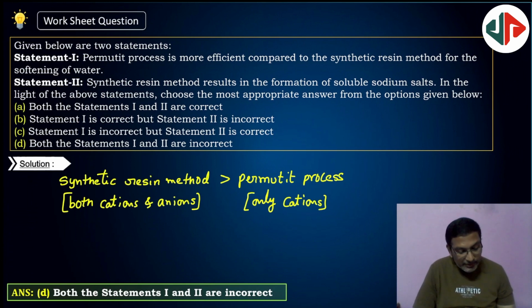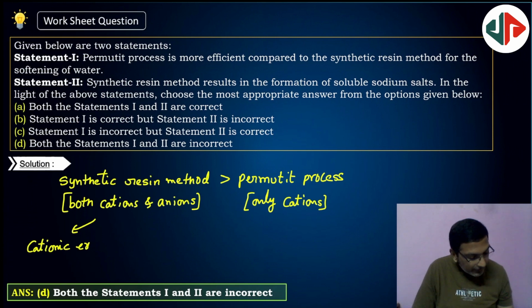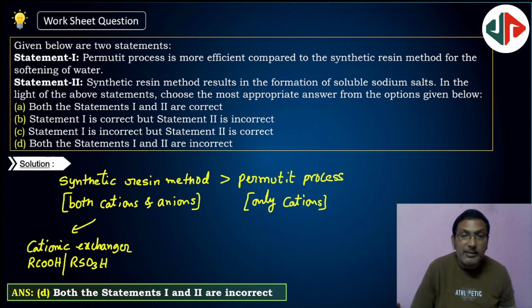Next, sodium salts will not be possible in synthetic resin method. So, cationic resins will be used in synthetic method. Cationic exchanger will contain RCOOH or RSO3H, that means carboxylic or sulfonic groups.